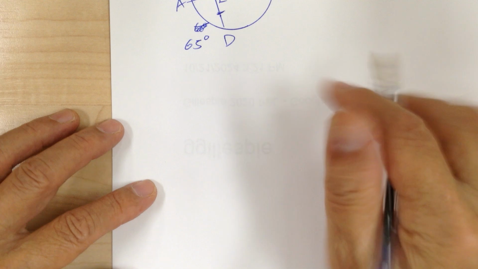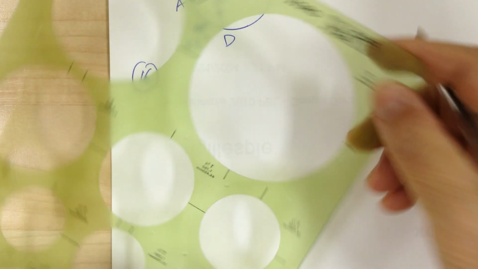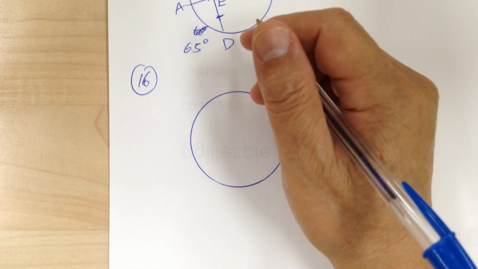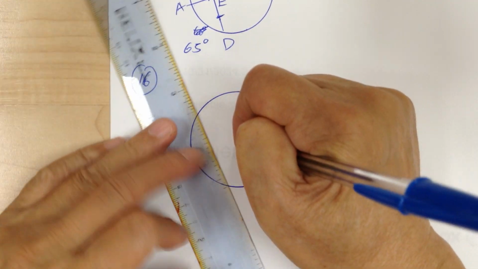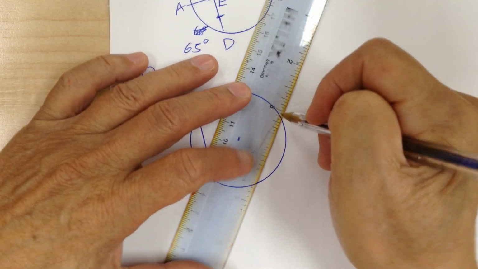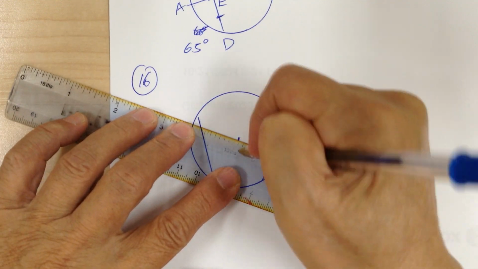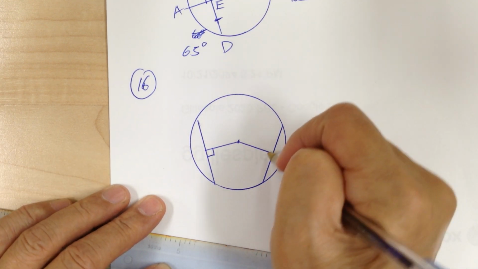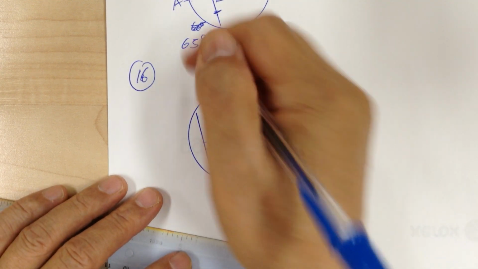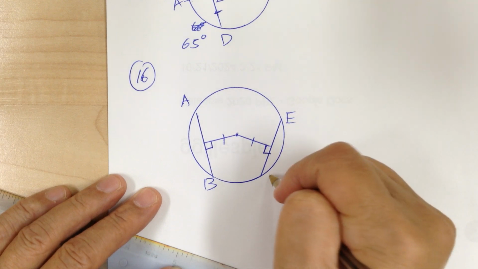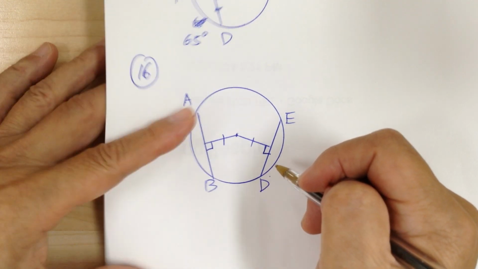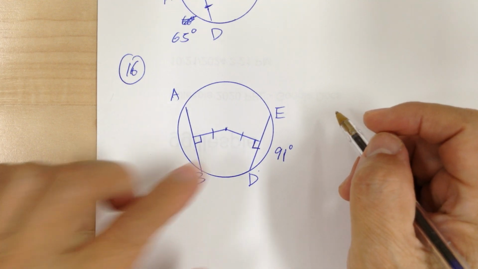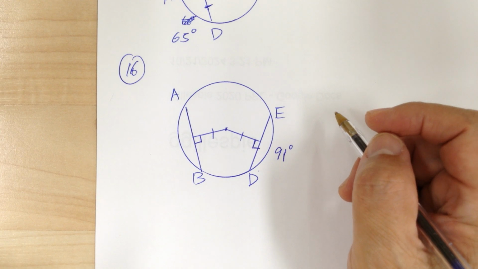Okay, let's go to number 16. You can remember, if the distance, the chord, or the arc are congruent, the other two will be congruent.